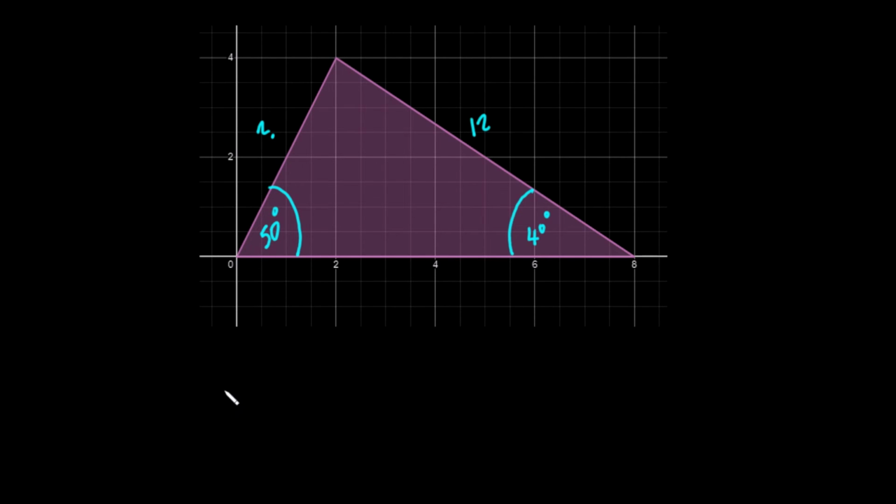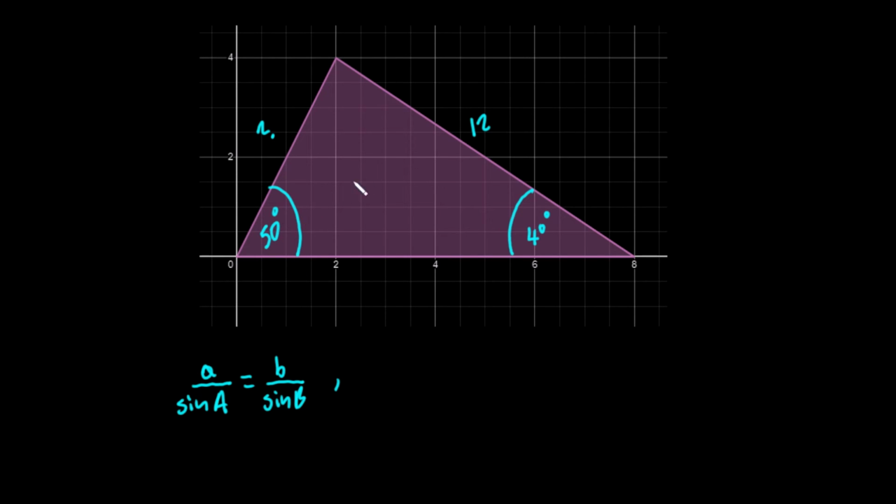So we could say then that the length a divided by the sine of A is equal to the length b, which is what we want to find, divided by the sine of B. And now all we have to do is put our values in for each of these.